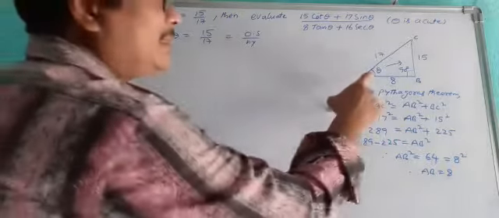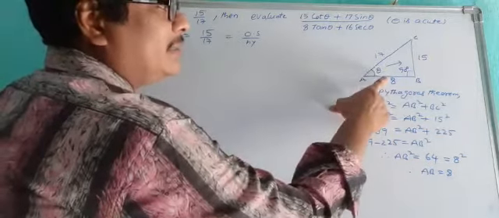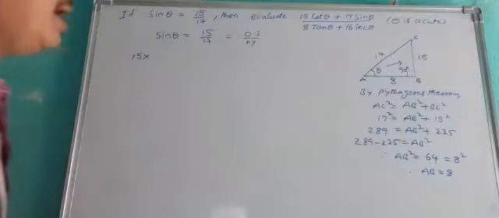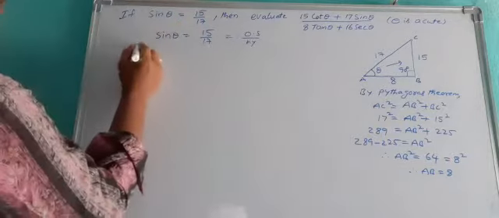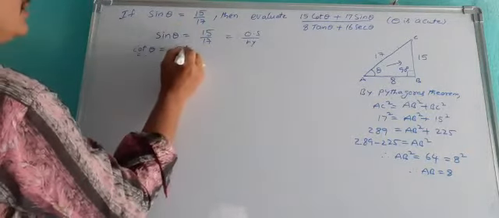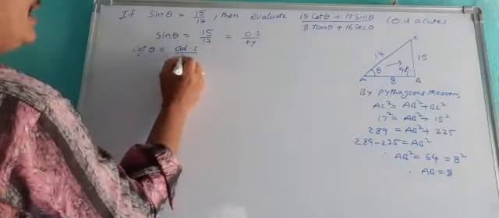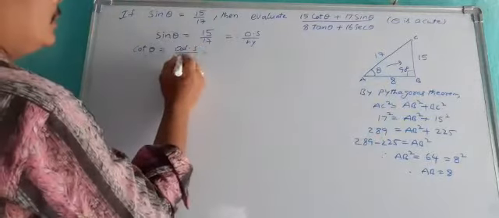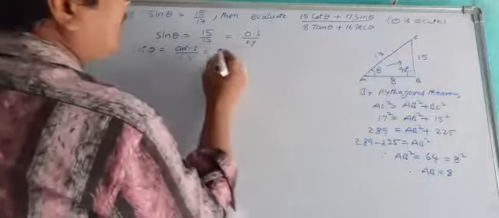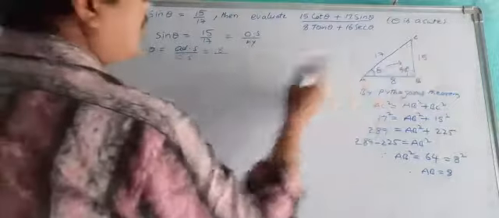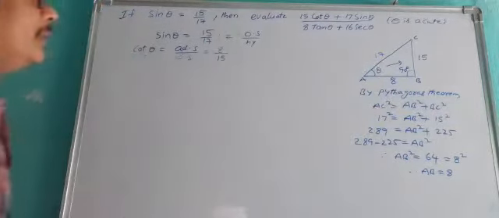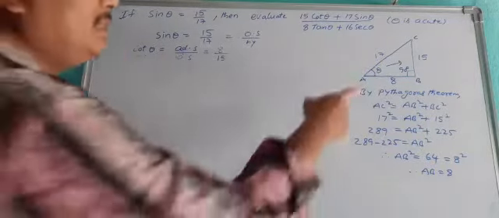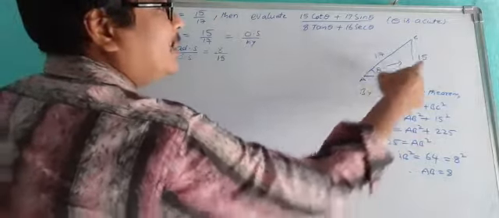Cot theta means adjacent side by opposite side. Where is the adjacent side? 8 by opposite side. Opposite side means 15. So cot theta means adjacent side by opposite side of the theta. Here it is 8 by 15.